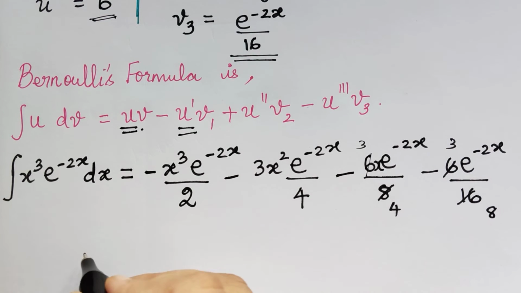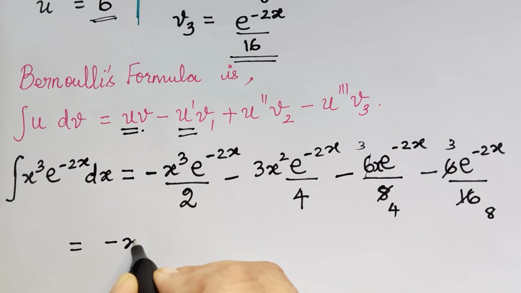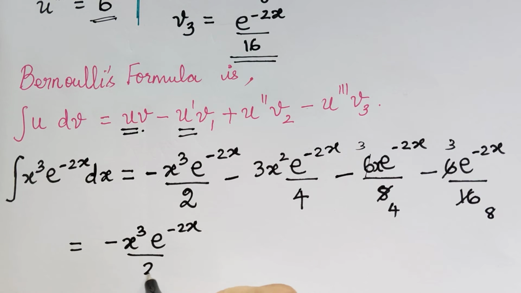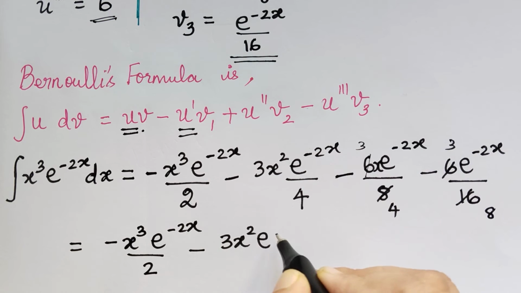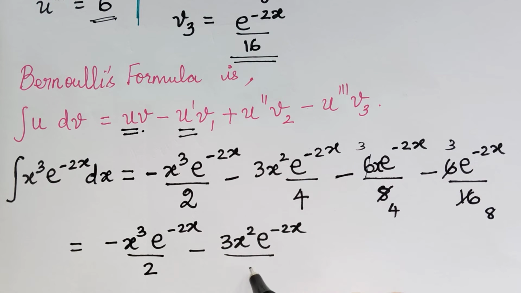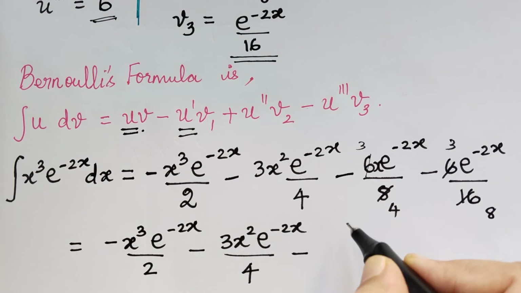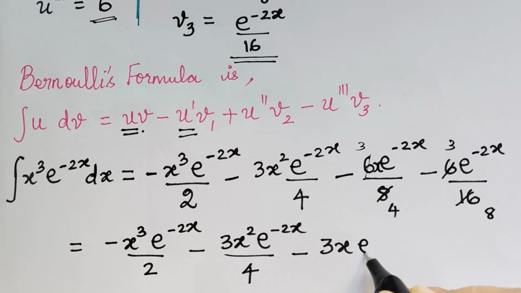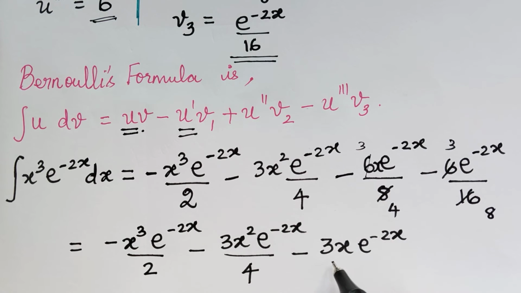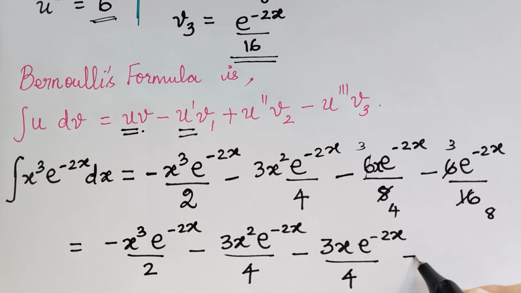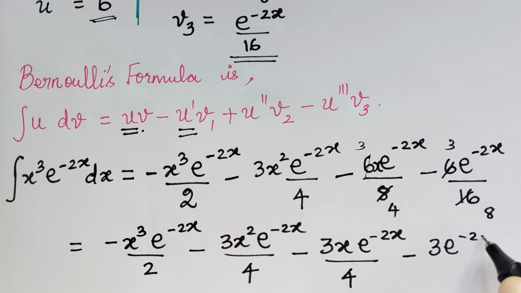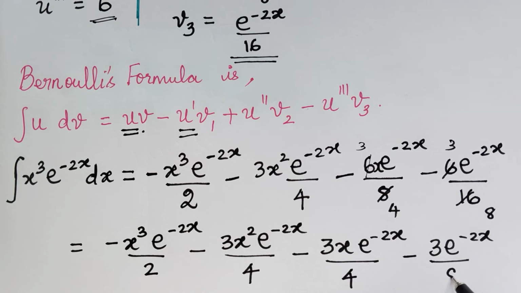So rewriting this, what we get is minus x cube e to the power minus 2x divided by 2. Then minus 3x square e to the power negative 2x divided by 4. Then minus, here we have cancelled the terms, so it will be 3x e to the power negative 2x divided by 4. And then minus, here also we have cancelled, so 3 e to the power negative 2x the whole divided by 8.